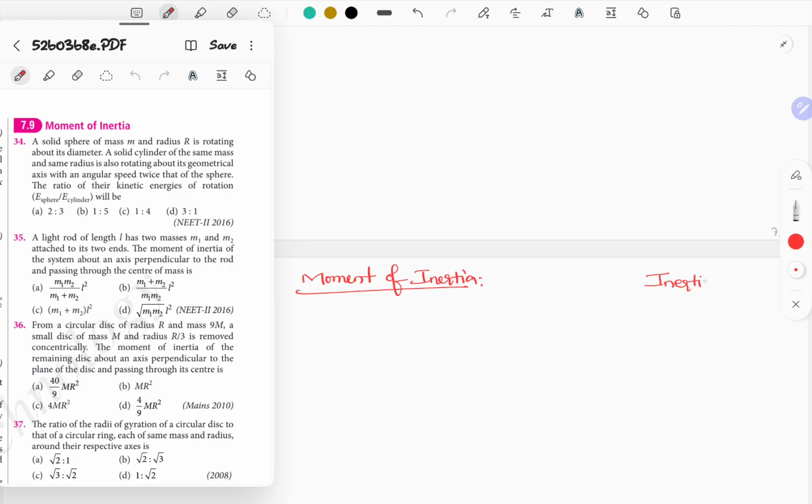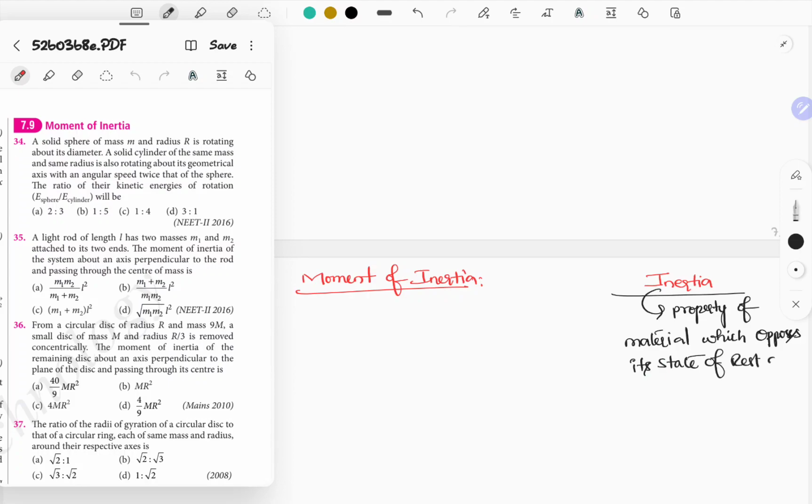The meaning of inertia is that it's a property of a material which opposes its state of rest or uniform motion.